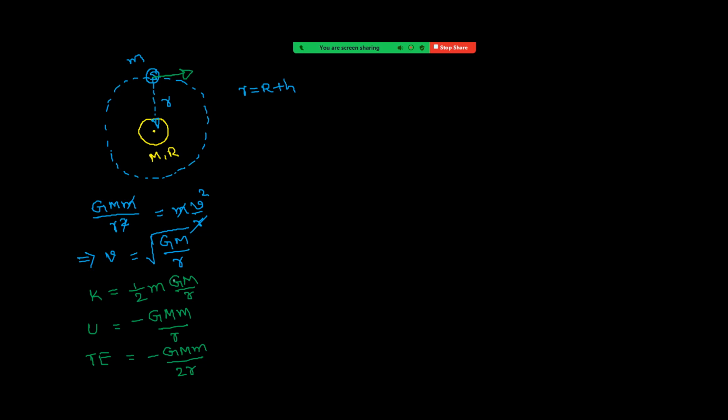For example, if you remember electrons revolving around the nucleus, in that case also the total energy of the electron is negative. In the first orbit it is minus 13.6 electron volt. That negative indicates the electron is bounded by the attractive force of the nucleus.